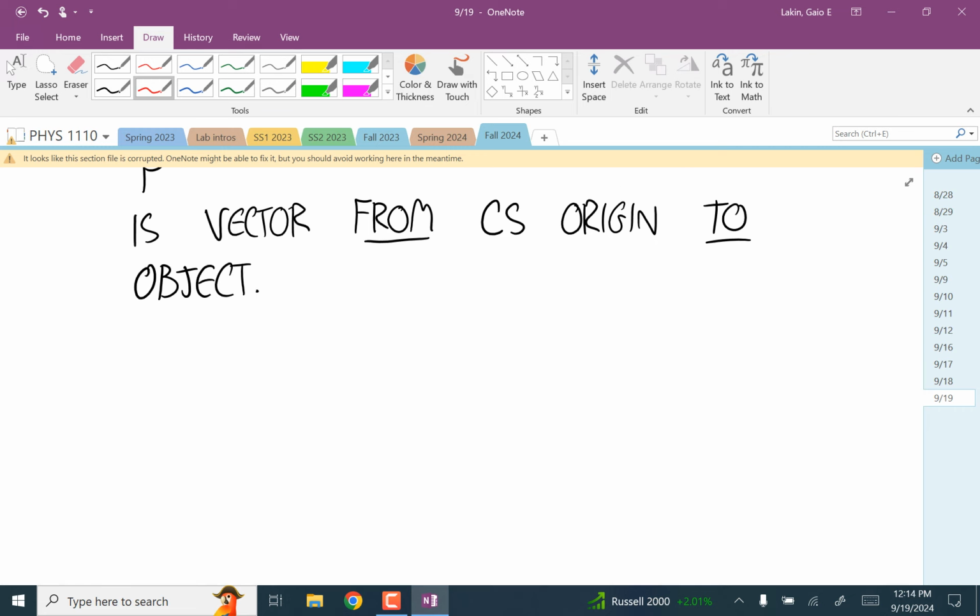So if this is our coordinate system and this is our object, then the position vector is this.